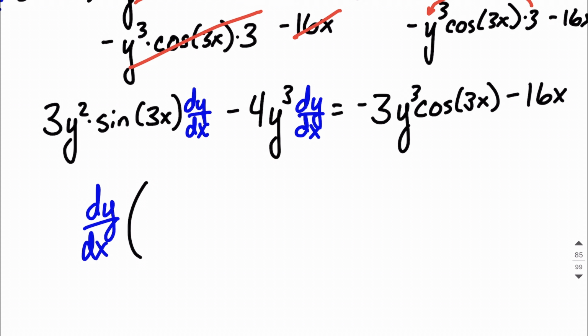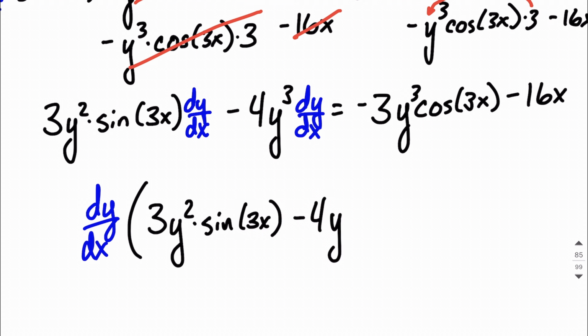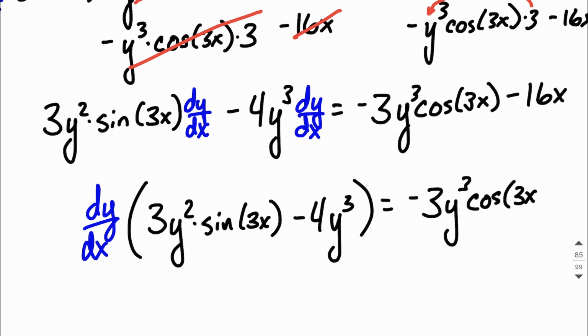All right, so if we factor that one common factor out of each one of those terms, and it's not the greatest common factor, but that's okay, we're going to be left with, what, 3y squared times sine of 3x minus 4y cubed on the left-hand side, and negative 3y cubed times cosine of 3x minus 16x over on the right-hand side.